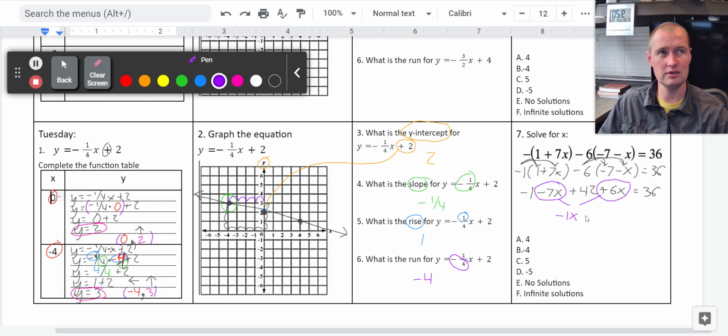Don't forget the x. Now, what about the values that don't have an x? In this case, we have a positive 1 that had no x, and we also had a positive 42 that had no x. So we're going to take positive 42 and subtract 1. So positive 42 subtract 1 is going to take us to positive 41 equals 36.